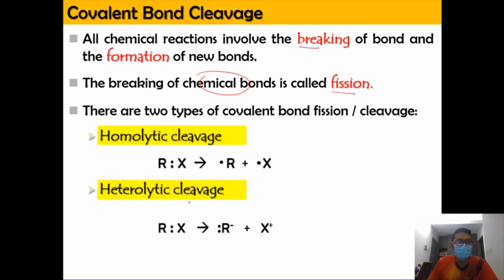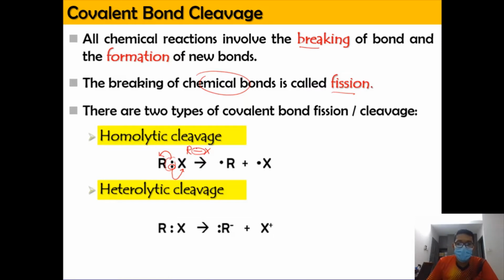For homolytic cleavage, the electrons will be divided equally, where one of the electrons is passed to atom R and one of the electrons is passed to atom X. This can also be represented using a single bond, because a single bond refers to two electrons.